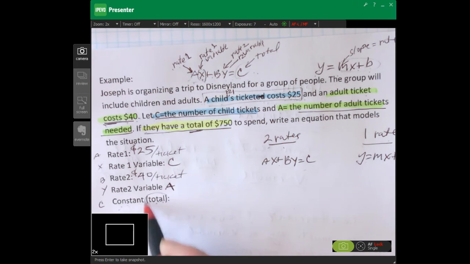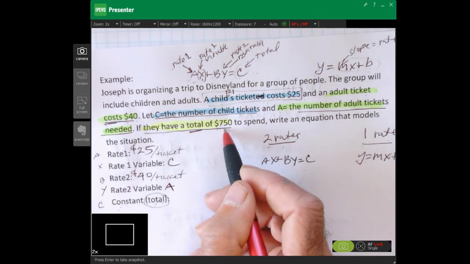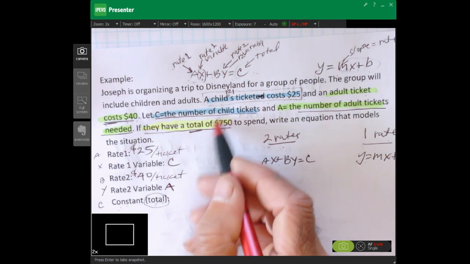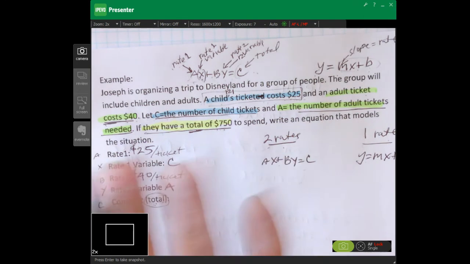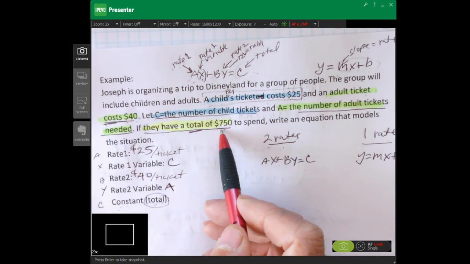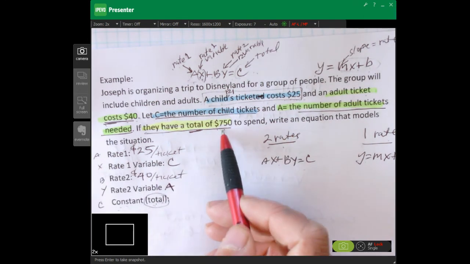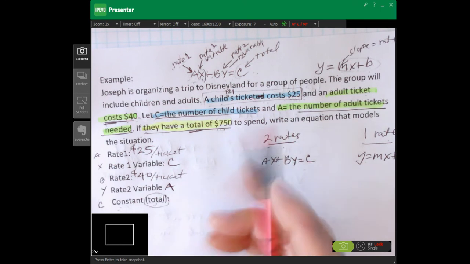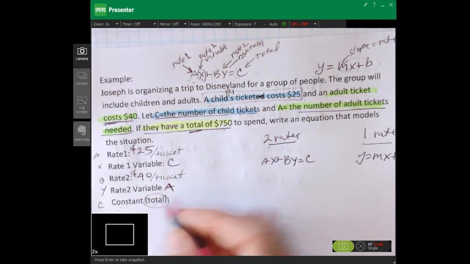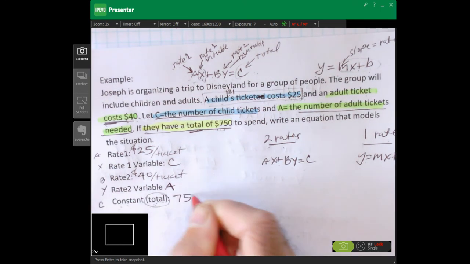You can just go down here and say, okay, well, total, and then double check to make sure that total is actually a constant. So if it was a variable like y, for instance, then it would be something different. But as long as it's a constant, remember a constant is just a number that doesn't change, right? So 750 doesn't change, it never will. It's just 750, so that's our constant.